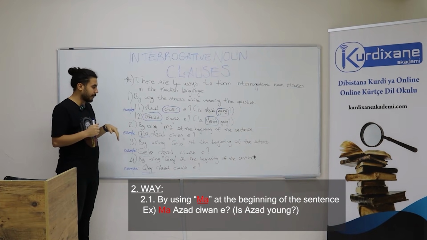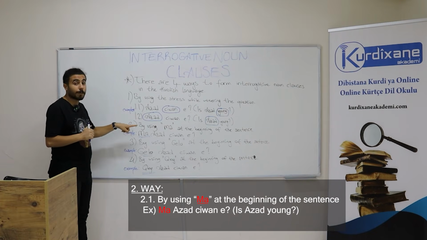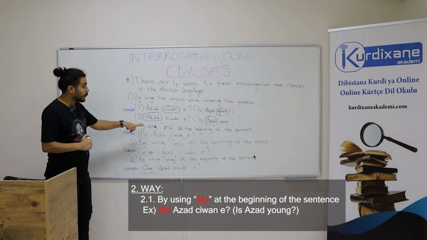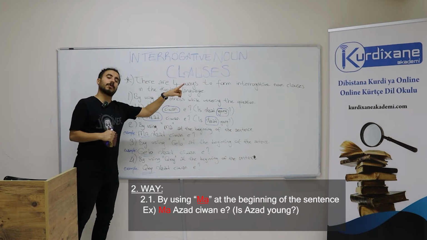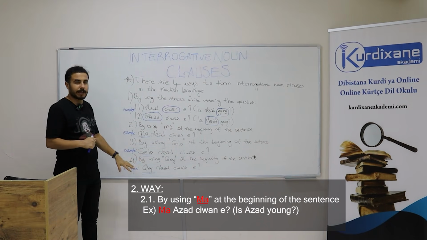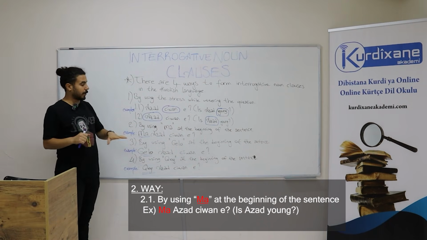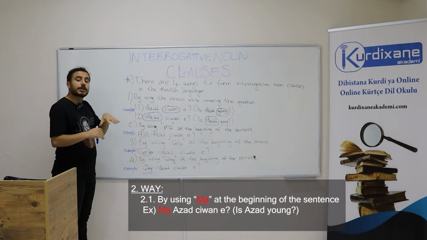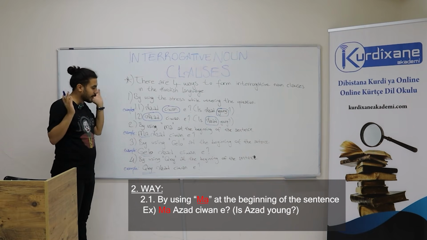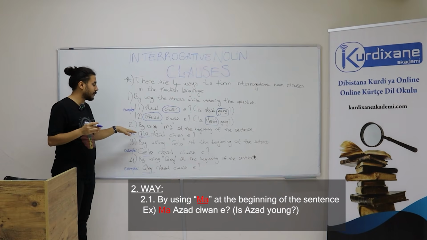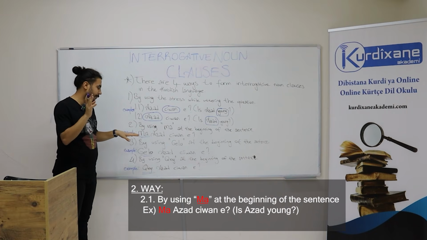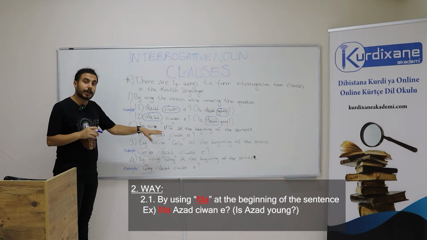I will repeat them at the end of the video. So the second way is to use ma at the beginning of the sentence. These three ways are quite easy. You can start using them as soon as possible. They will be understood by everyone. Ma Azad juane?